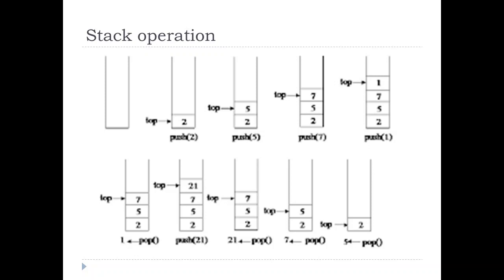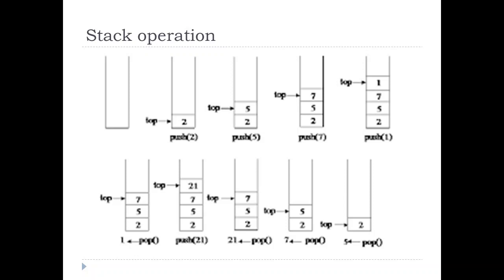This is a small example of a stack. This is an empty stack. We do not have anything in this stack, but we have many blank memory spaces available here. So we do not have anything inserted here. We call this an empty stack. Now we push an item, a value 2, into the stack.